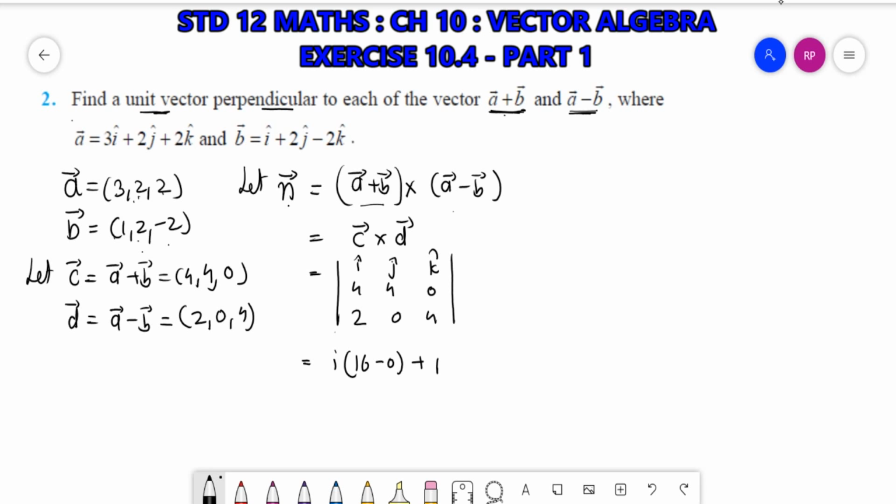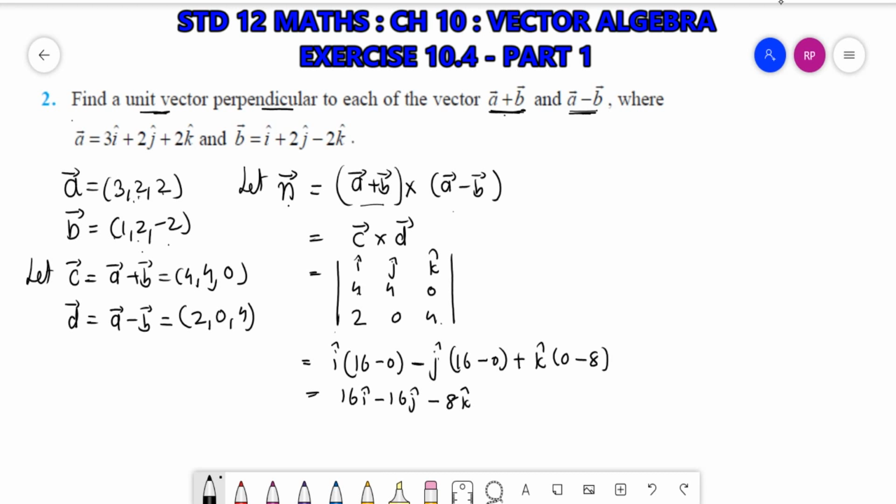Minus J, 4 4s are 16 minus 2 zeros are 0. Plus K, 4 into 0, 0, minus 4 2s are 8. So this will be equal to 16I minus 16J minus 8K. Clear?